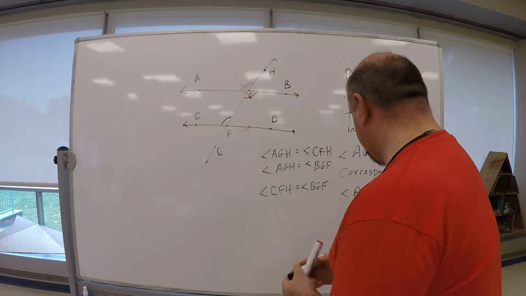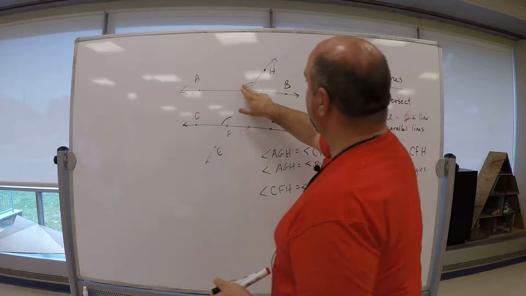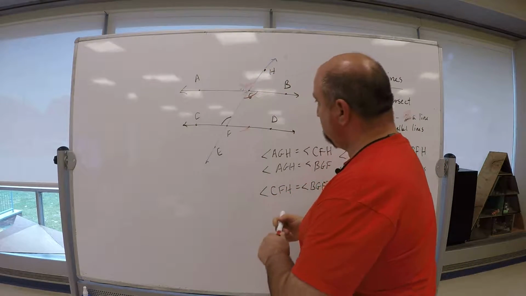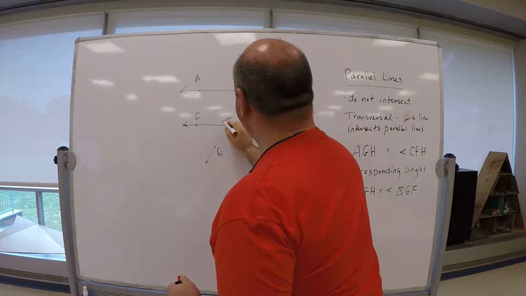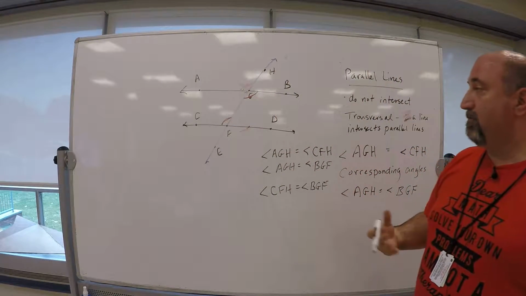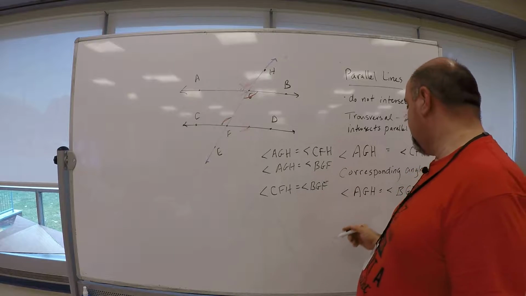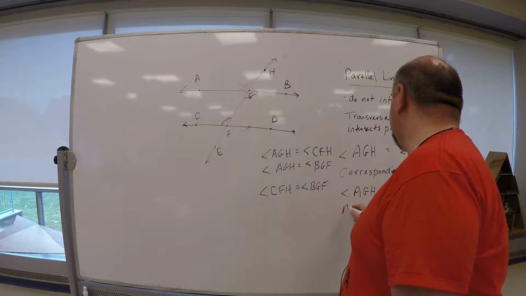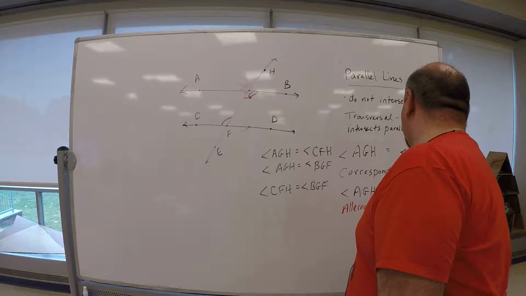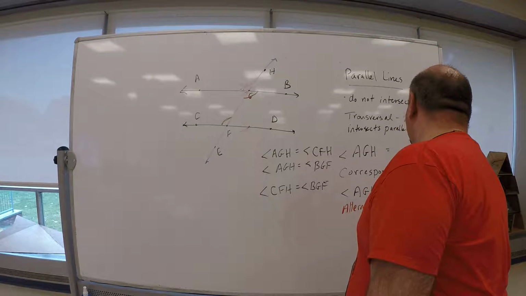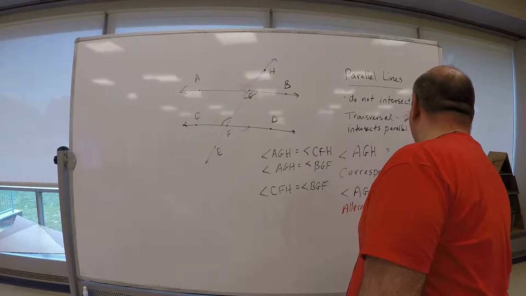So another way to say that is that now we know that this angle is equal to this angle right there. And we have a name for that pair of angles. We call them alternate interior angles.